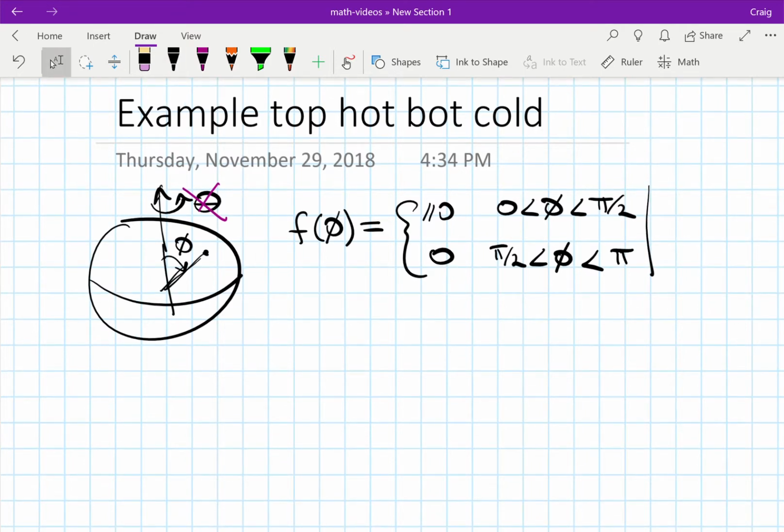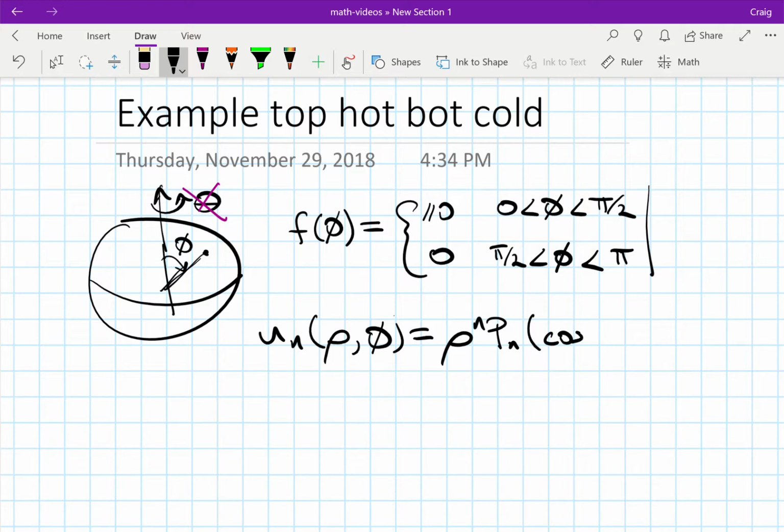Okay, and so like we discussed in class, the general solution to Laplace's equation in a spherical domain we can write as u_n of rho and phi equal to rho to the power of n times P_n, the nth Legendre polynomial of cos phi.